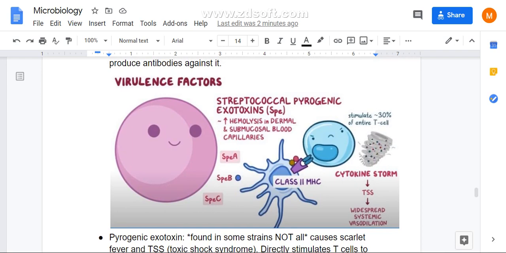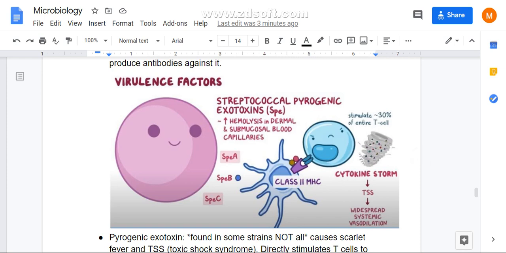I want to get back up to this. So this is our strep pyogenes, and this is the white blood cell, and these are the exotoxins. There are 3 types of exotoxins actually, and A and C can bind to the class 2 MHC in white blood cells and immobilize them, or stimulate them.